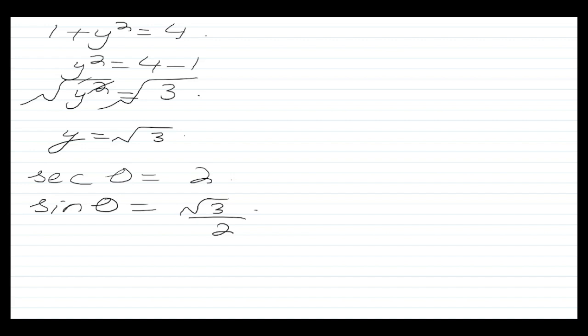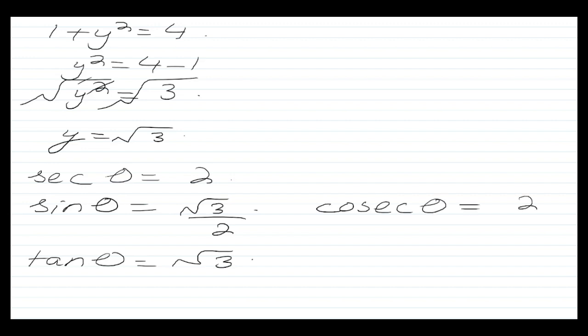And then we will find the tangent. So we know that the tangent is equal to the perpendicular over base. So that is under root 3 only. And then we will just find the reciprocal of sine theta. So that is cosec. So we can write cosec theta is equal to 2 over under root 3. And then for cot theta, we will write 1 over under root 3. So this is our final answer for question number 5.